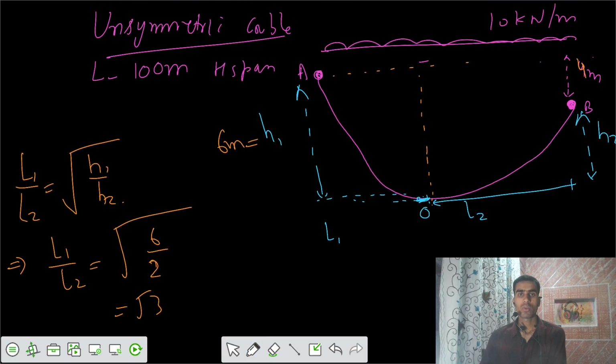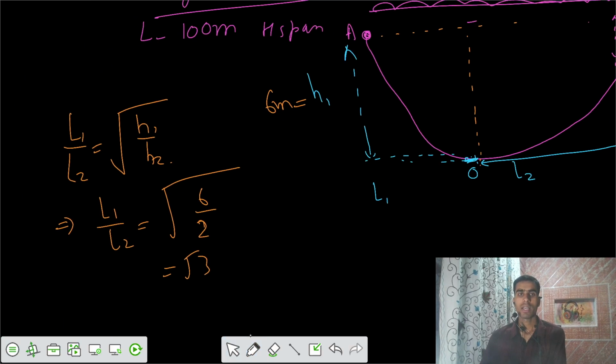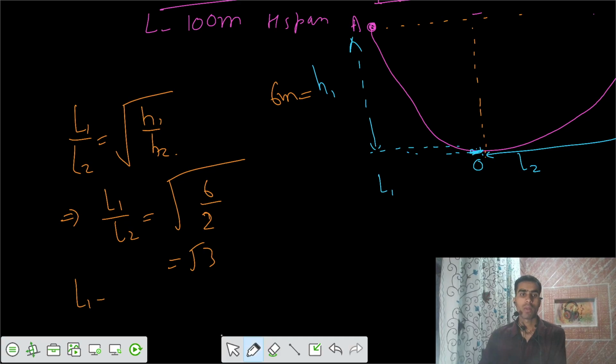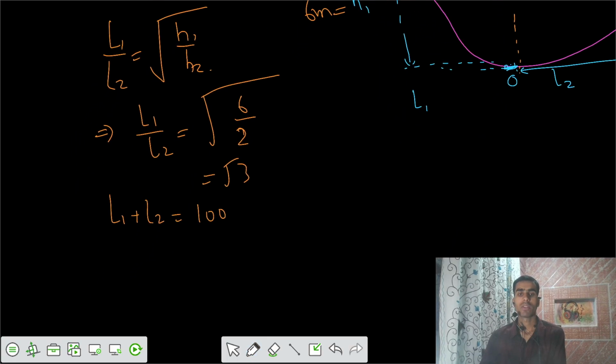Now the total length is 100, so L1 plus L2 equals 100. How can we get the value of L1 or L2? Substituting, L2 times root 3 plus L2 equals 100.